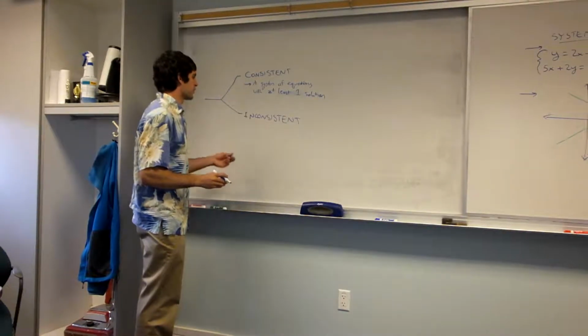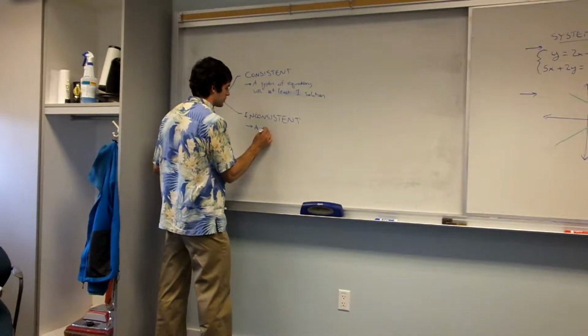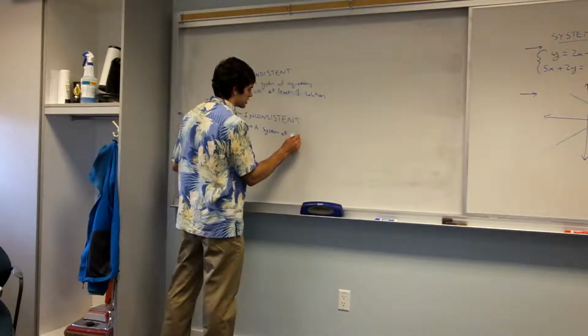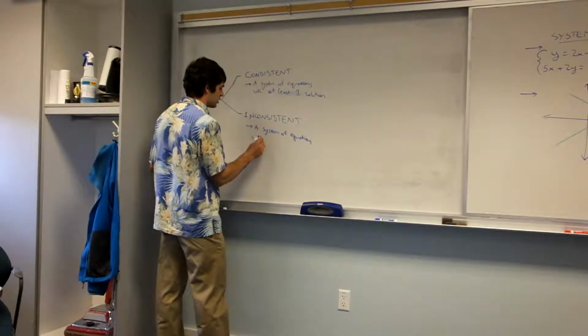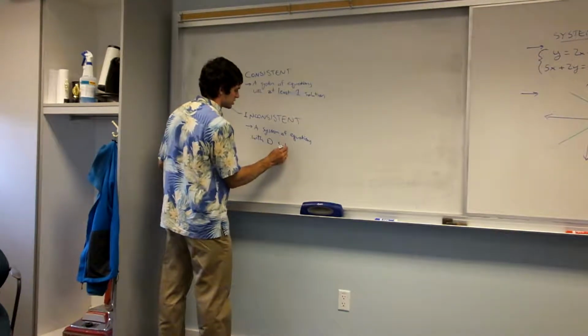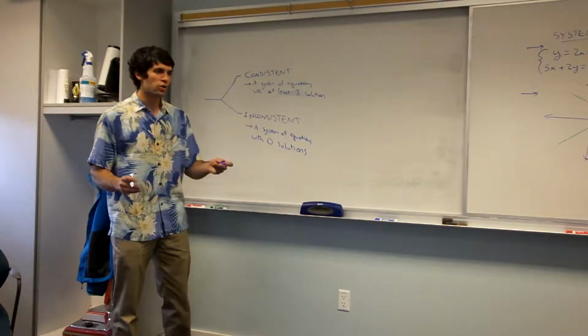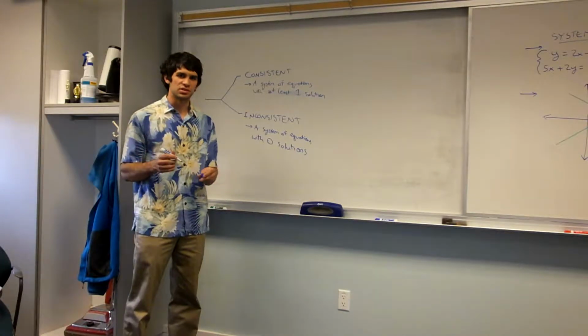An inconsistent system of equations would be a system of equations with zero solutions. So first we'll go over inconsistent. How could a system of equations have zero solutions?